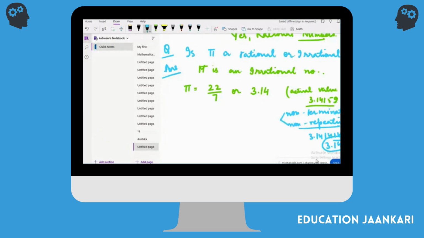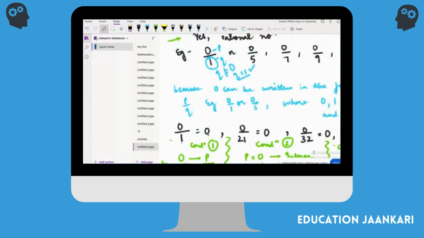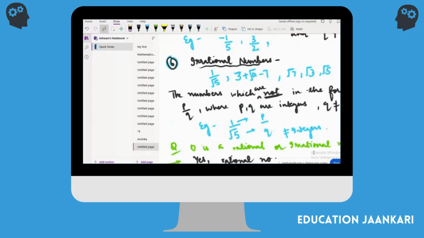Okay, here I'll give you one more example of an irrational number: root 2. What's the value of root 2? The value of root 2 is 1.414213562, something like so on, and the value of root 3 is 1.7320508, something like this.